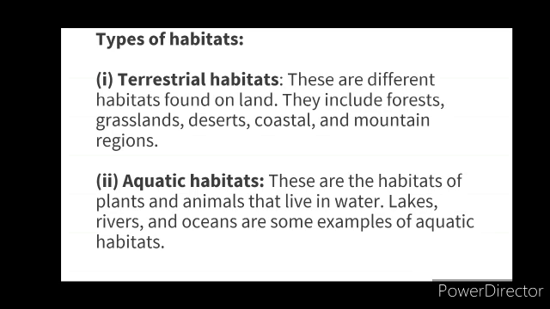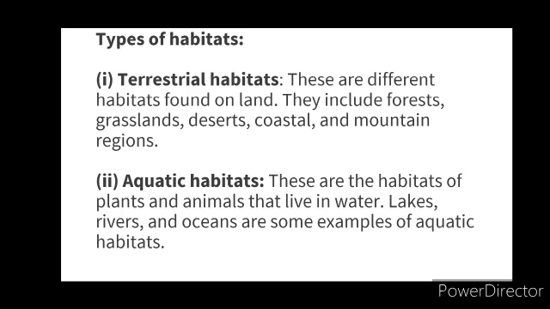They include forests, grasslands, deserts, coastal and mountain regions. The plants and animals that live on land are said to live in terrestrial habitats. Some examples of terrestrial habitats are forests, grasslands, deserts, coastal and mountain regions.